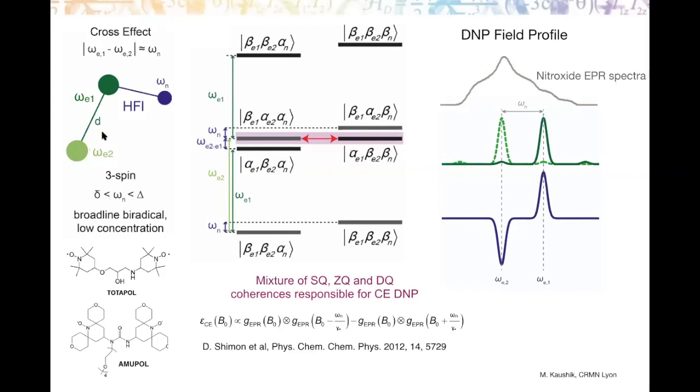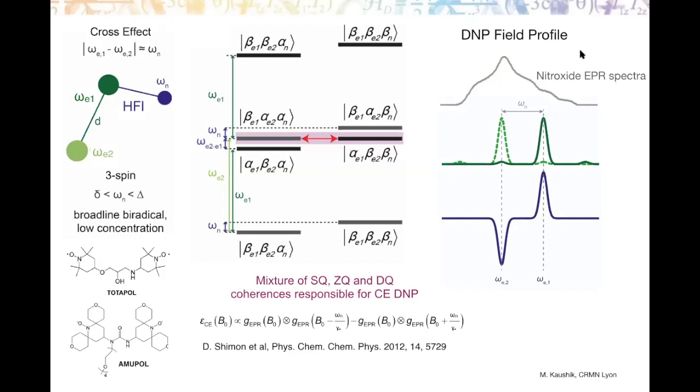And it is often induced in the system by attaching two nitroxide moieties with a linker so that there is a certain fixed distance between the electron spins for dipolar coupling to take place. Cross effect is invoked by a mixture of solid effect of single quantum, zero quantum, and double quantum. And again, it can be simulated by using this equation here.